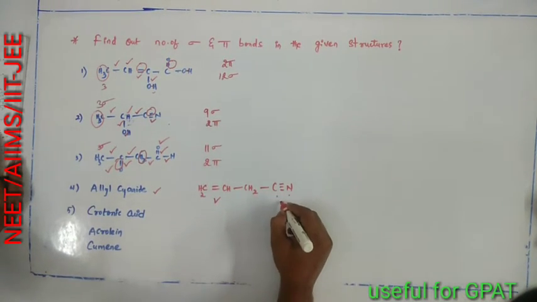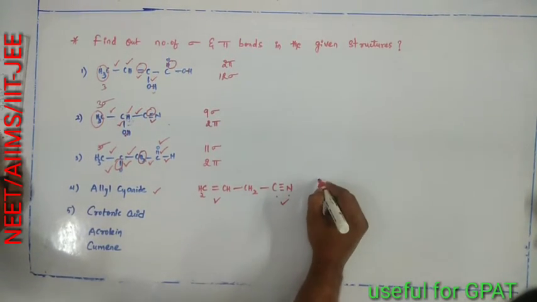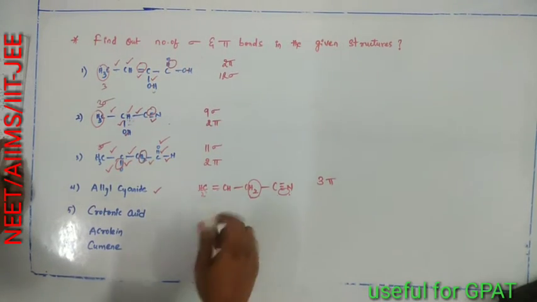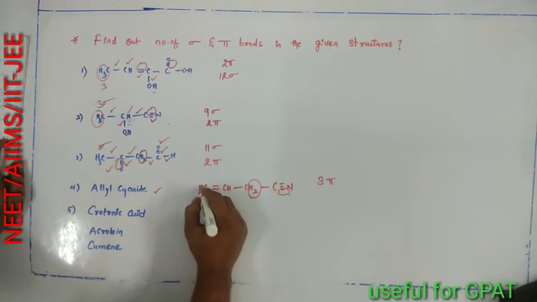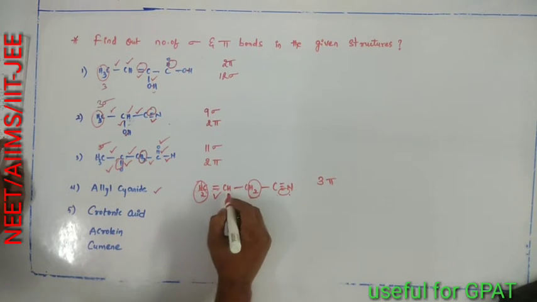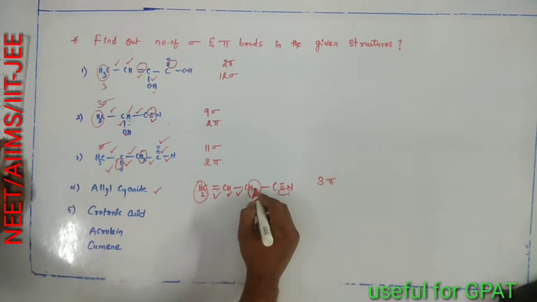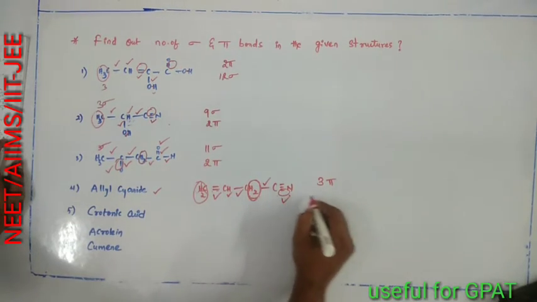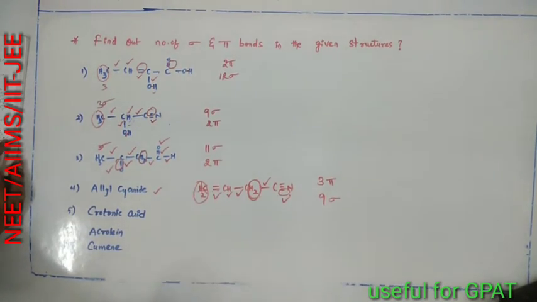Between carbon and nitrogen 2 pi bonds are present, so the total is 3 pi bonds. The remaining are sigma bonds. Here CH2 has 2 sigma bonds, 3, 4, 5, so these two 7, 8 and 9, so 9 sigma bonds are present in allyl cyanide.